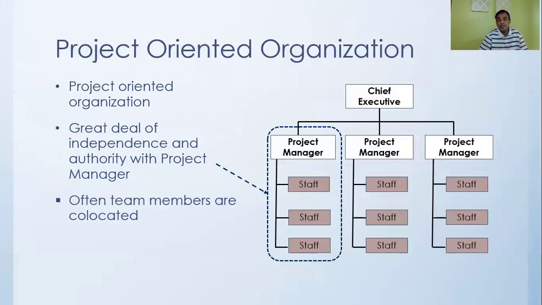Now, especially in a project-based organization, for each of the projects, it is highly likely that all the team members in a project are co-located, meaning in the same place, but it is not necessarily so, not all the time, especially today with all the technology that is available to run a project with virtual teams.